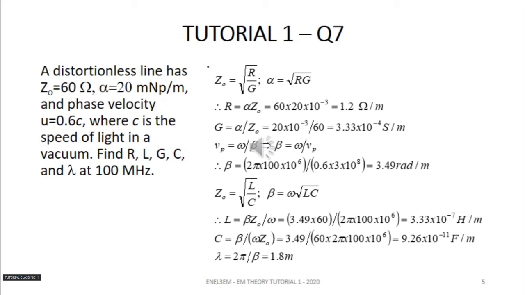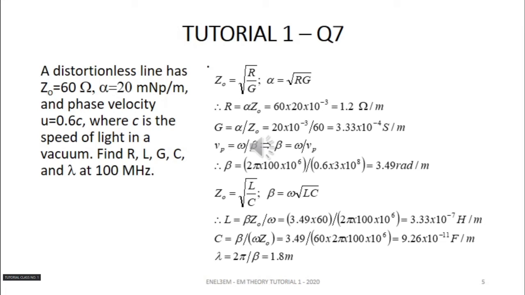This line is distortionless, so we have the standard equations for a distortionless line. Your Z naught is square root of R over G, and your alpha is square root of RG, and therefore R is alpha times Z naught. Your alpha is 20 times 10 to the minus 3, and Z naught is 60, and therefore you find that your R is 1.2 ohms per meter.